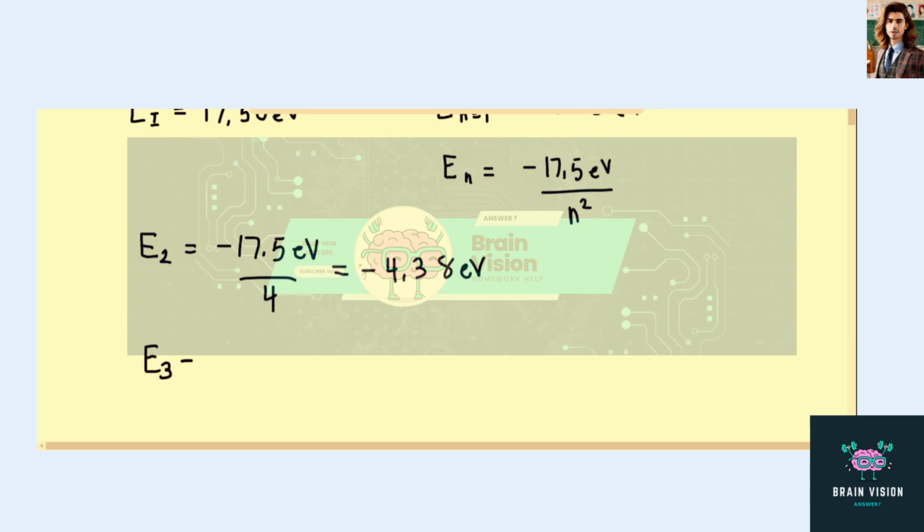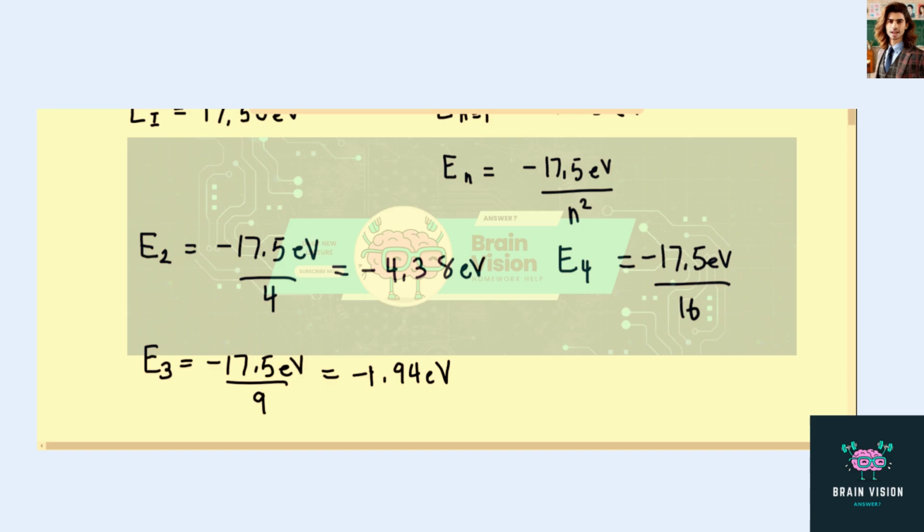E3 will be negative 17.5 eV over 9, so that will give negative 1.94 eV. Then E4 will be divided by 16, since 4 squared is 16, and so we get about negative 1.09 eV.